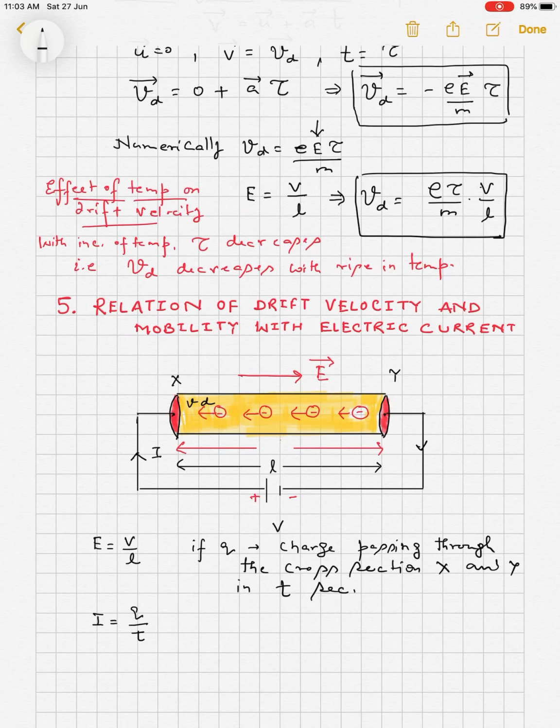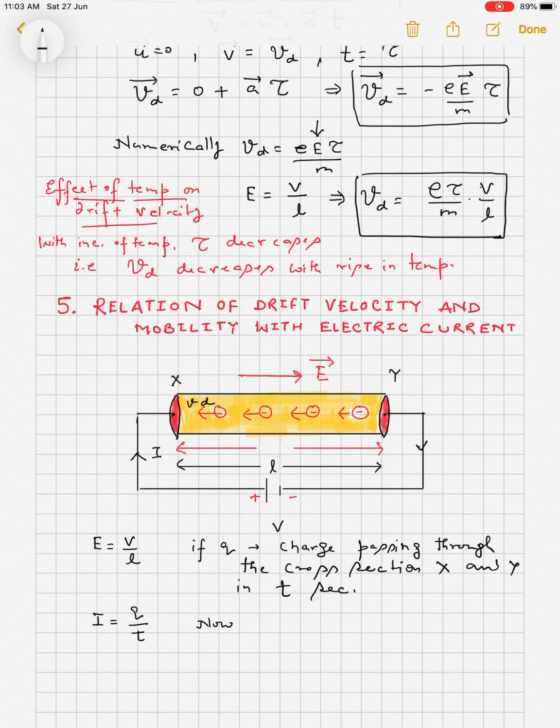So Q is the charge flowing between the cross sections X and Y in time t. And if the electron traverses between X and Y, it covers the distance between Y and X in time t with that velocity vd.